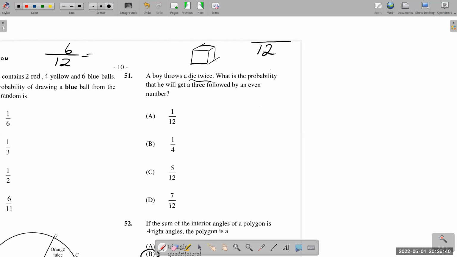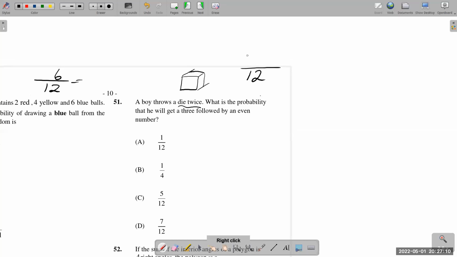So we know 12 is the denominator for sure. Now we need to figure out how many times these things could happen. So they ask, what is the probability he will get a 3 followed by an even number? The probability of him getting a 3 is 1 out of the 12, or 2 times, because he tried twice.